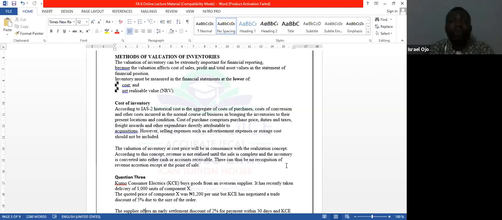The addition of all this together, including work in progress, the difference between the opening stock of work in progress and closing stock, gave us what we know as cost of production. That cost of production is what we reference under the trading account. So it's the same thing that we are doing under IAS 2.